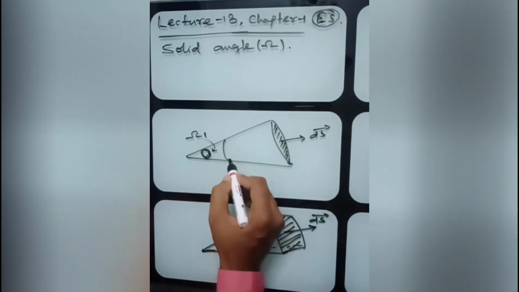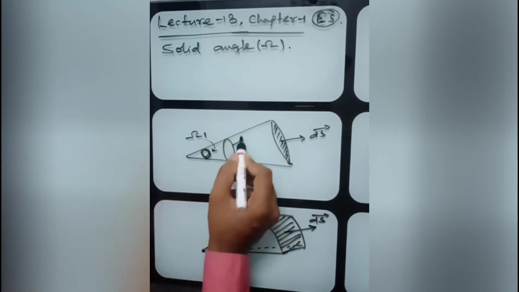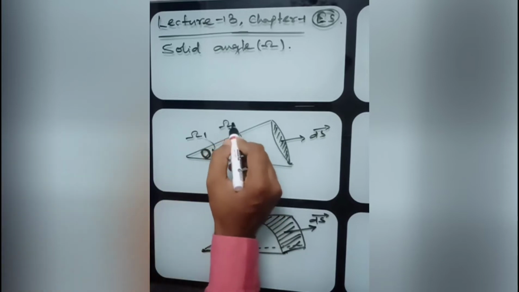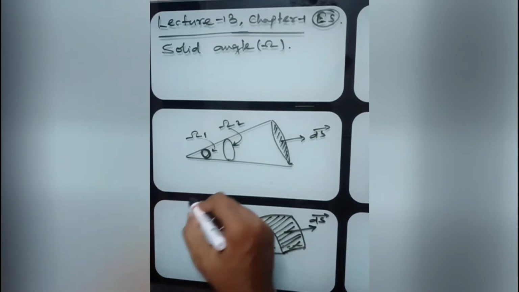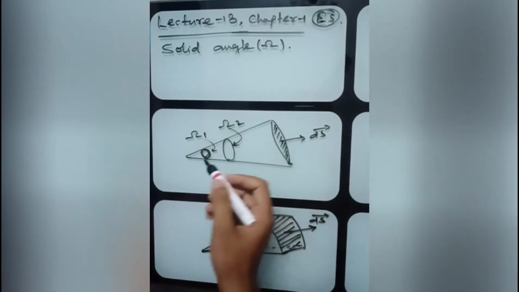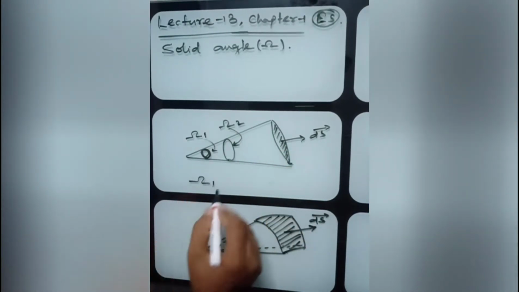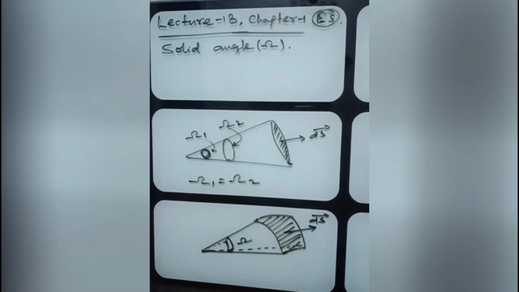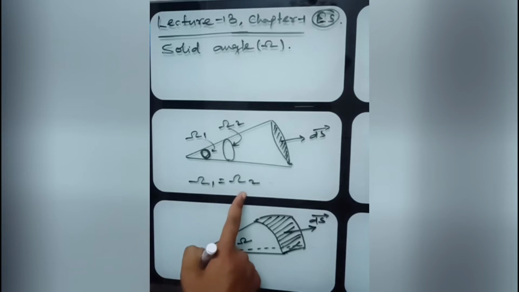For this solid angle omega 2, the area is similar. Remember, omega 1 and omega 2 are both equal, not different. The value will be the same.